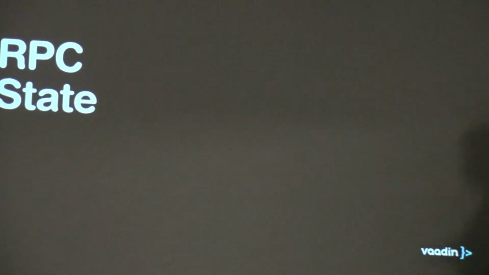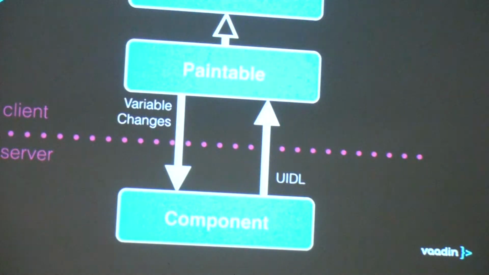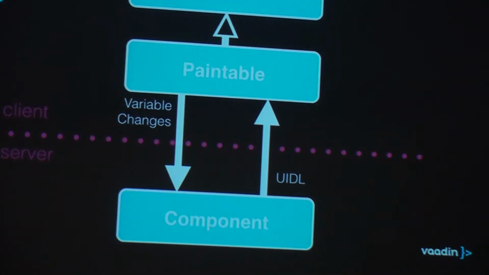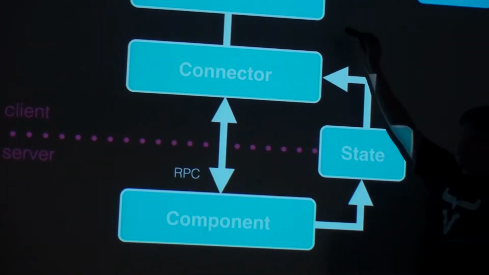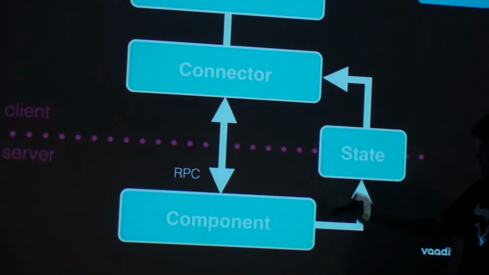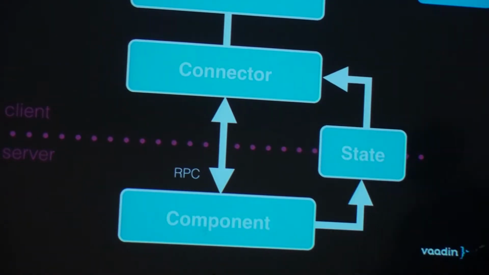But in the end of the day, we decided, hey, we redesign this from scratch on top of RPC, and then we also designed what we call state. So the system is such that when we have this widget, let's say a button widget on the client side and the button component on the server side, there are two ways of communicating between these.